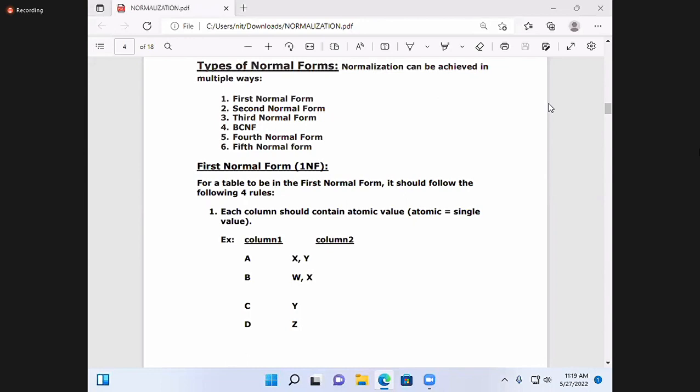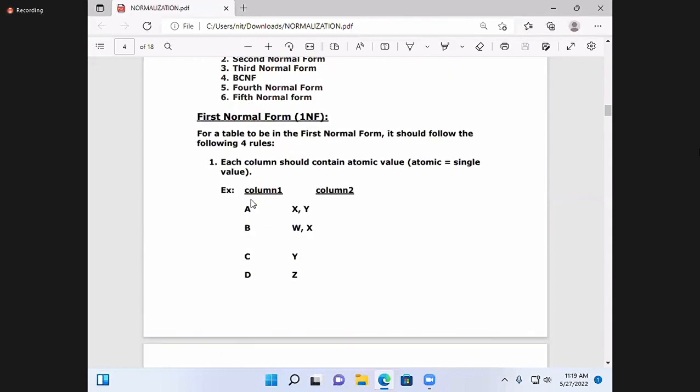Okay. So guys, yesterday we started normalization, and the first normal form we discussed here. When we call our table as being in first normal form, a few conditions and rules need to be satisfied.